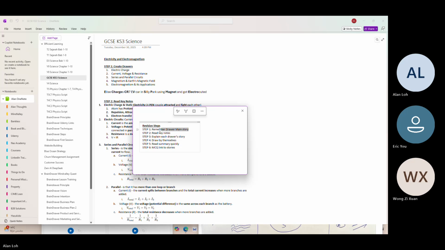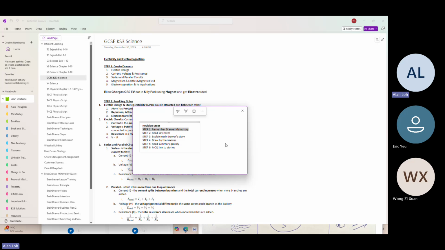So what I'm trying to teach you today is not just electricity and electromagnetism, not just the physics. I'm trying to teach you how to do revision after you have done the 2 to 3 hour class, like what you did last week.